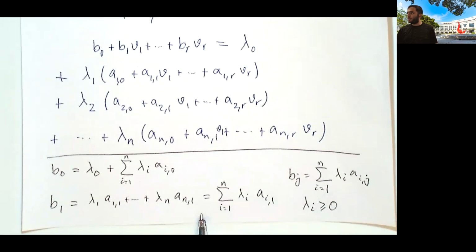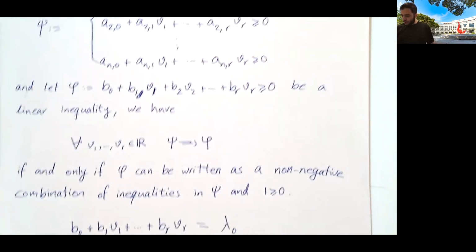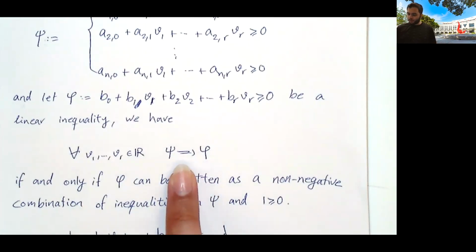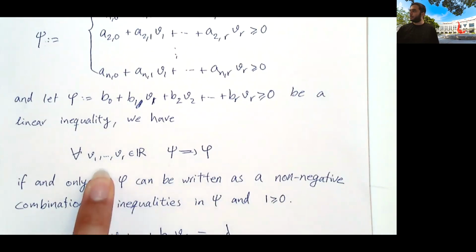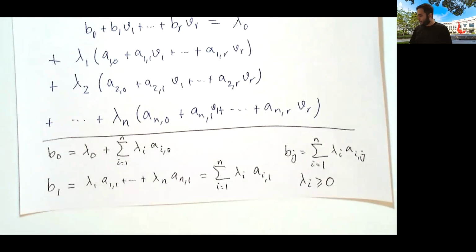I can give this to an LP solver, and it will solve it for me in polynomial time. So that's the magic of Farkas lemma. You start with really complicated constraints of this form. These are entailments that should hold for all values of your program variables. But then in the end, what you get is just simply a linear programming instance. And now this is what we're going to use for synthesizing our ranking function, okay?